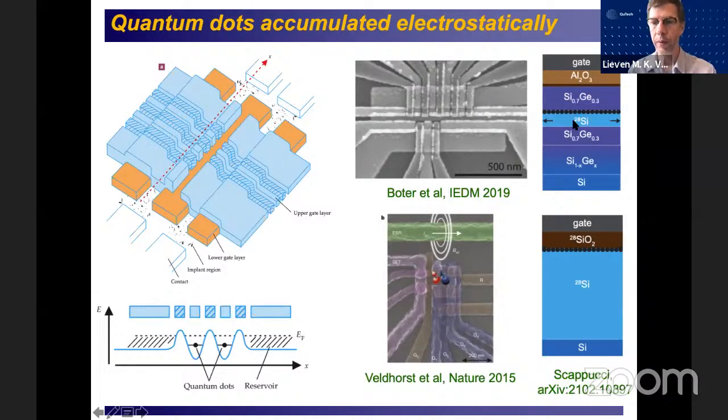Or you can have buried silicon, separated from the gate oxide with silicon germanium, which again has a higher band gap, so electrons will be stuck in the silicon. The advantage is that the electrons are farther away from the dielectric and the surface, and often dielectrics and surfaces are the source of charged impurities that spoil the potential landscape, so it doesn't look so clean. In this case, it's going to look cleaner than here.